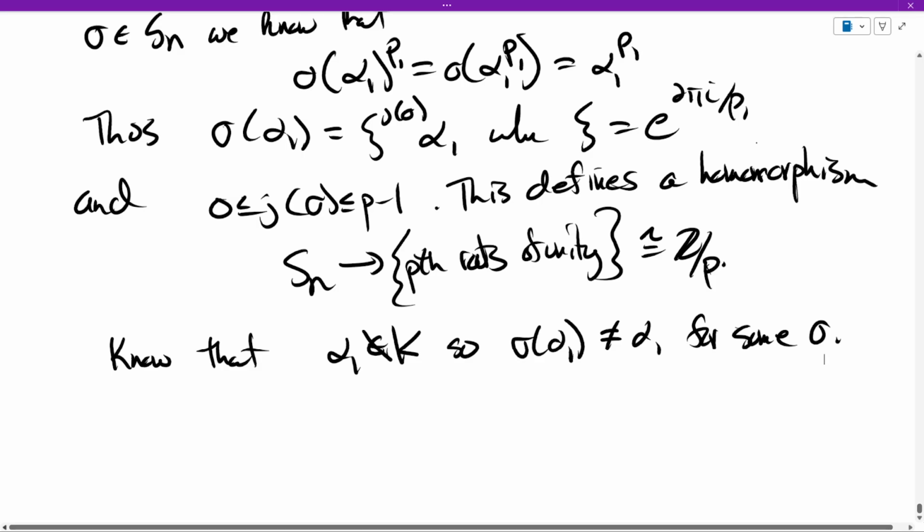Okay. So this tells us then that this map is actually surjective.